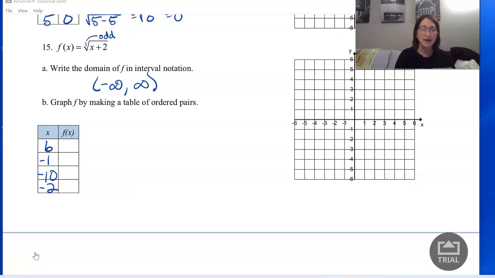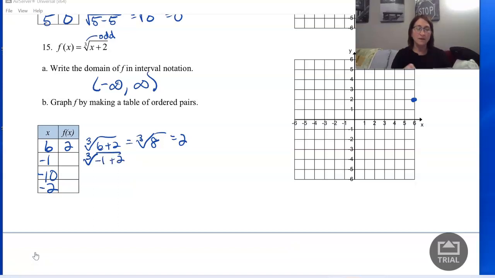So I'm going to look for the cube root of 6 plus 2, which is the cube root of 8, which is 2. So I'm going to plot 6, 2. There we go. Now I'm going to plug in a -1. So that's going to be for x, -1 plus 2, which is the cube root of 1, which is 1.